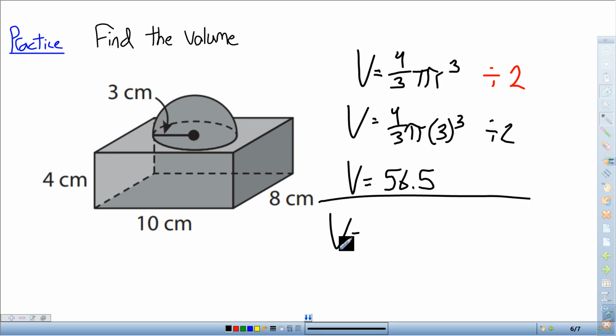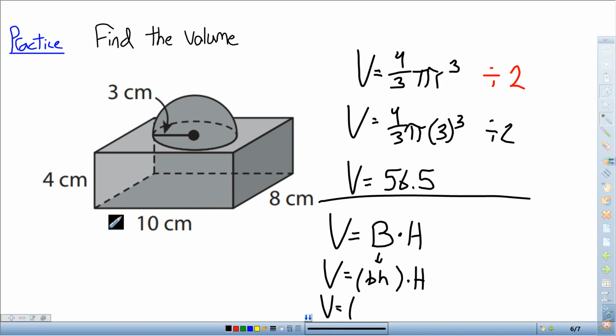The next thing we need to do is find the volume of this prism. The formula is the area of the base times the height of the prism. The base of this prism is just a rectangle, and the area of a rectangle is base times height, then times the capital H height of the entire prism. Focusing on this rectangular base, the base and height are 10 and 8.